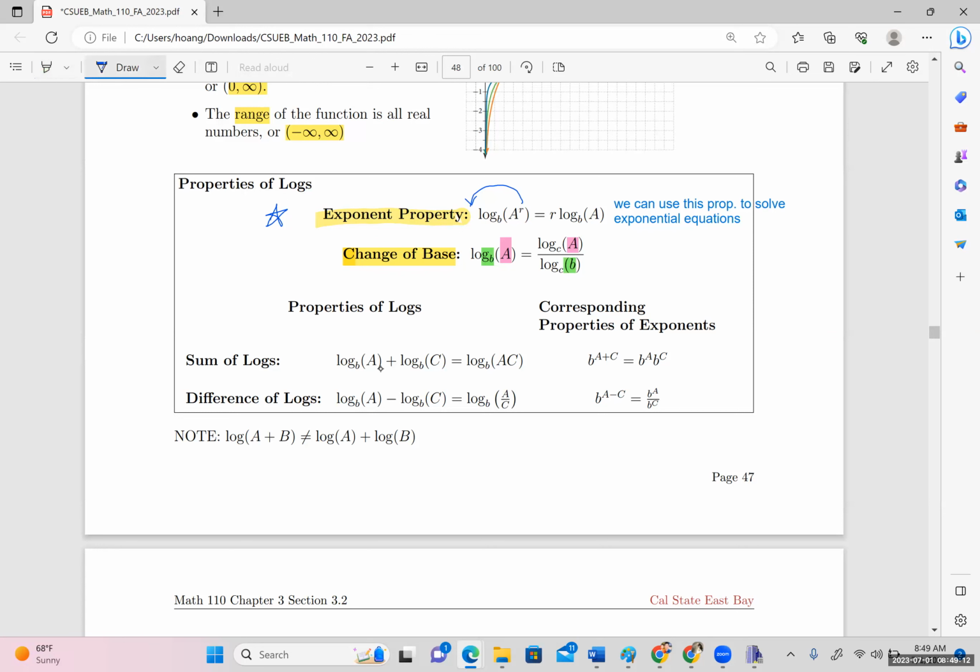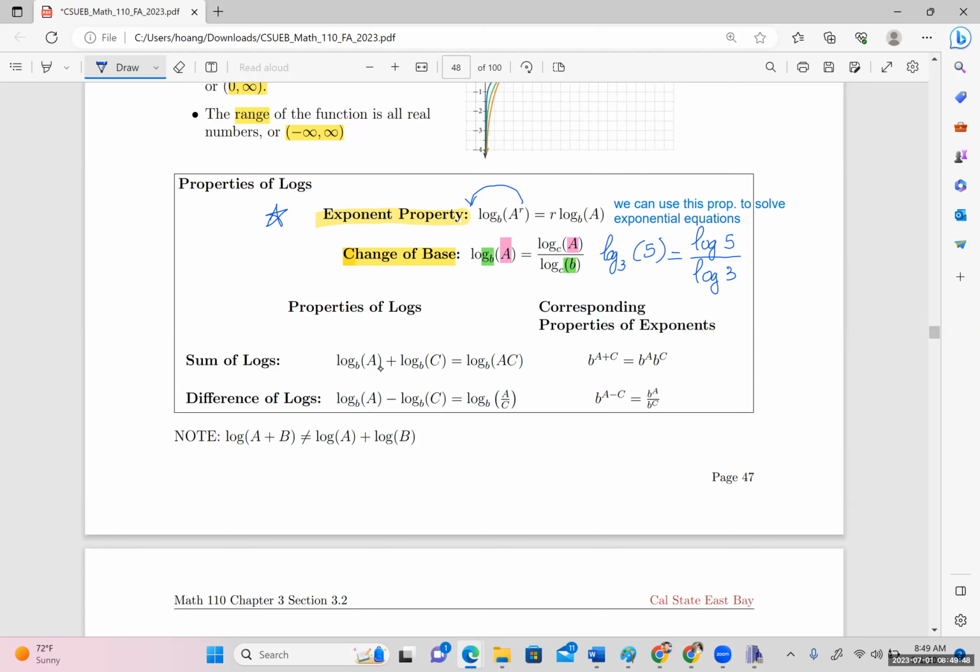So what can we apply this to? For example, if you have log base 3 of 5, right? How can you handle this on calculators? There's no way unless you change it to be log base 10 of 5 over log base 10 of 3, right?